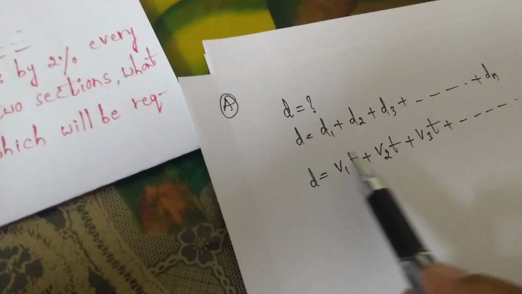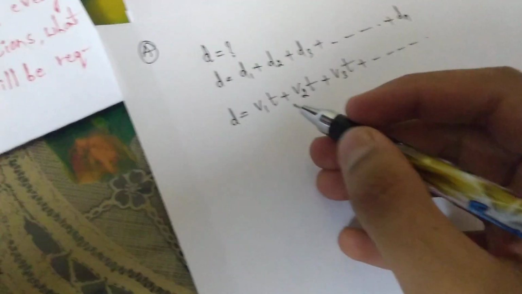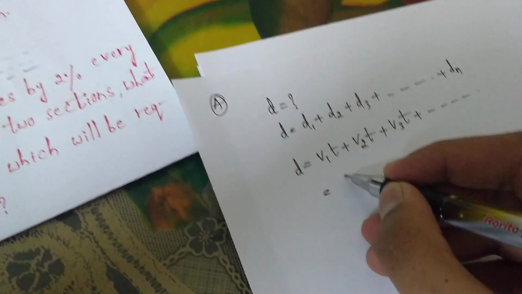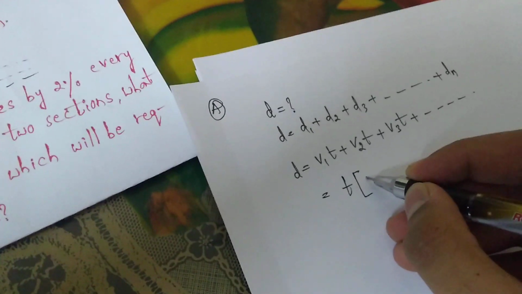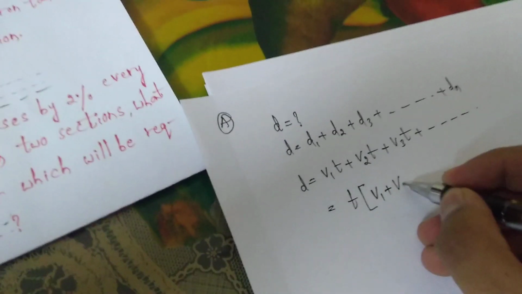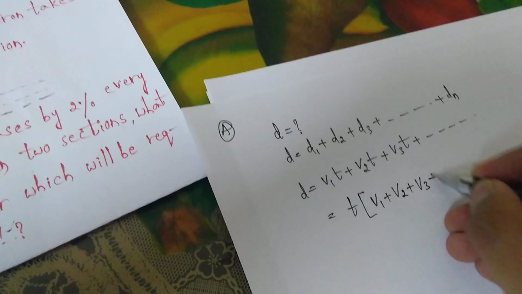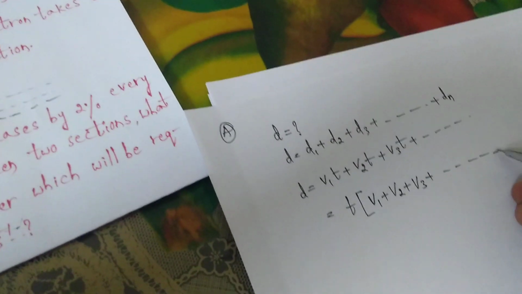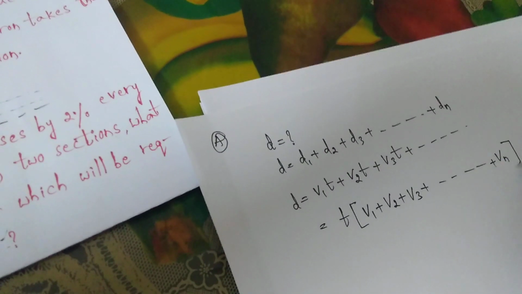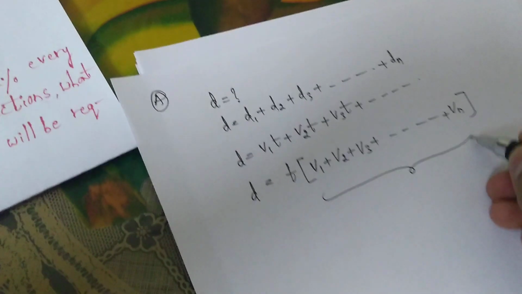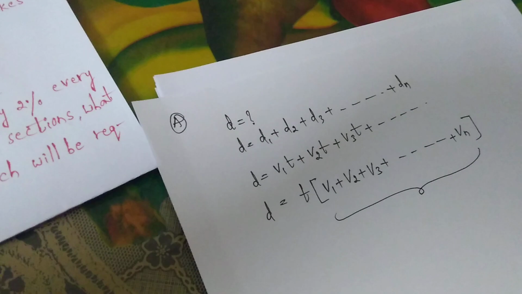So the time will be constant for each section. We are going to take that t out, and it is v1 plus v2 plus v3 and so on up to vn. Our job is to find out what this sum is, and our problem will be done.